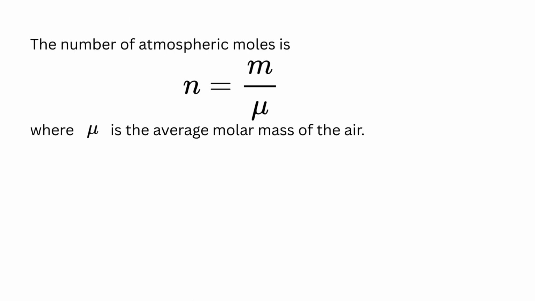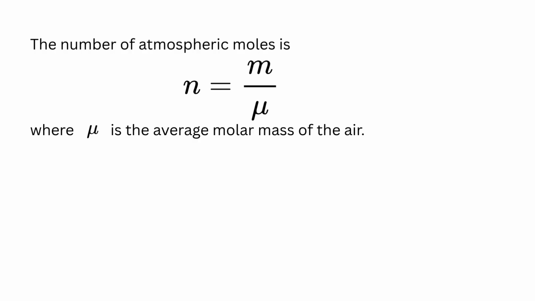The mass of the atmosphere can be converted to the number of moles if it is divided by the air's average molar mass. The atmospheric air is a mixture of 78% nitrogen with molar mass of 28 grams, 21% oxygen with molar mass of 32 grams, and 1% other gases.